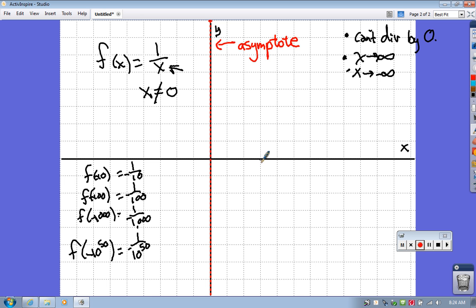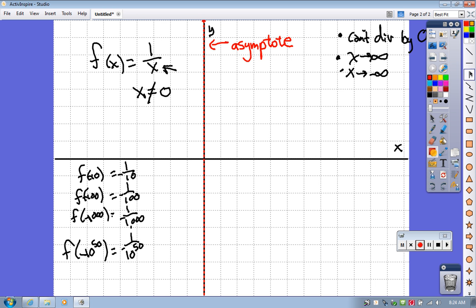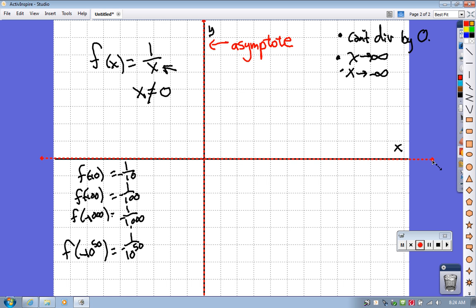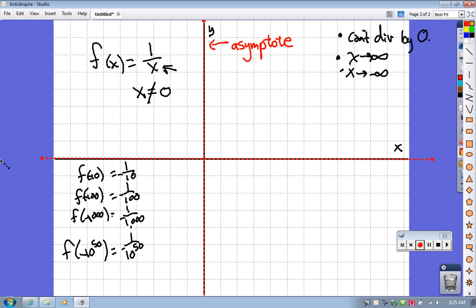So it looks like we actually have another asymptote, and this is going to be a horizontal asymptote, and it is here. As x gets really big, y gets closer and closer to 0. As x gets really big in the negative direction, y gets closer and closer to 0 from the negative side.